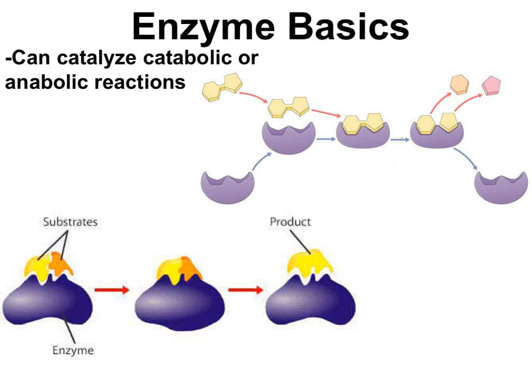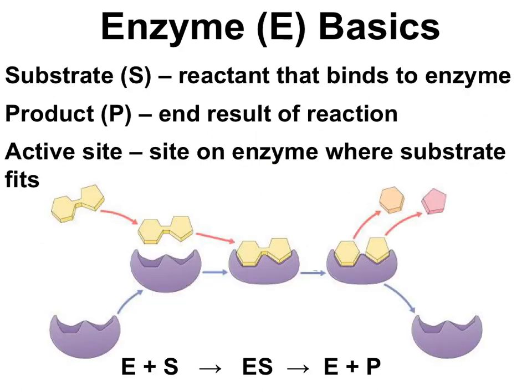Remember, a breakdown reaction is a catabolic reaction and an exergonic reaction like a hydrolysis reaction. On the bottom, the enzyme is putting together 2 different substrates to make one single product. This is an enzyme helping with an anabolic endergonic reaction like dehydration synthesis.